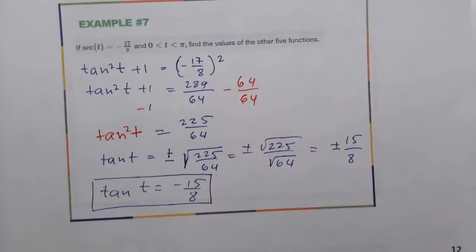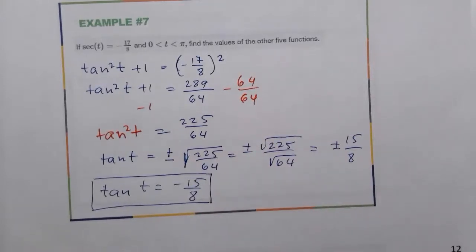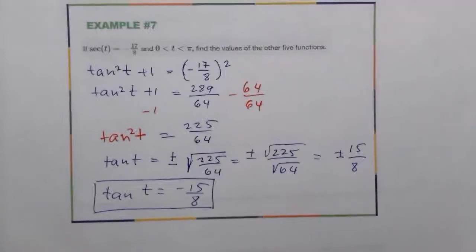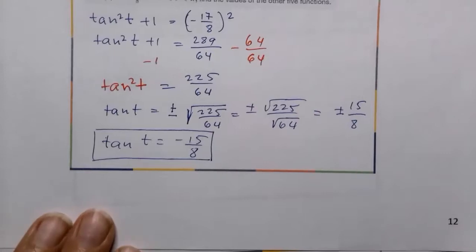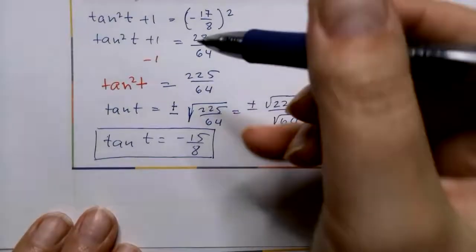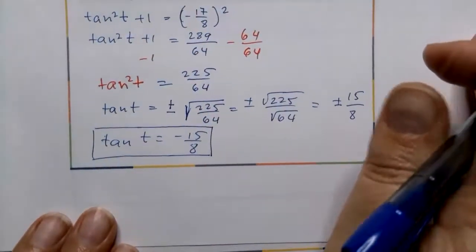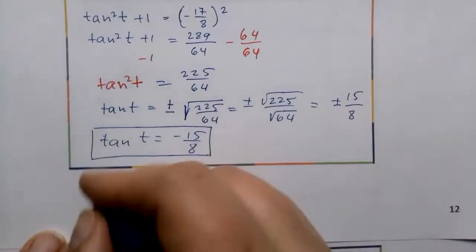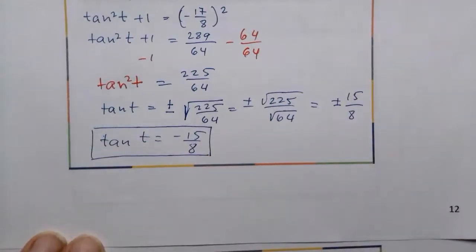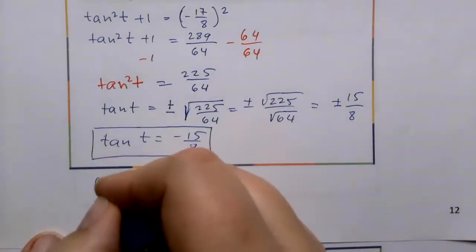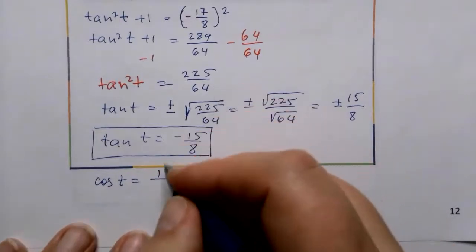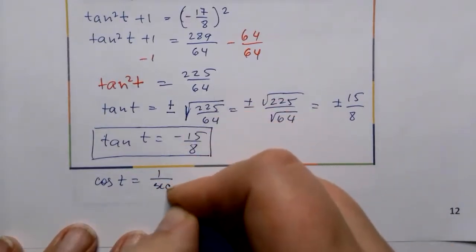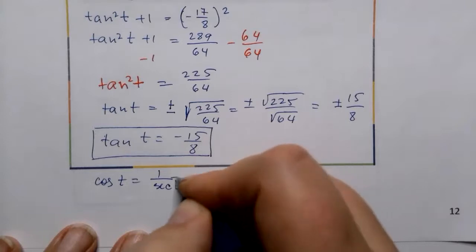All right. In order to proceed, I still have to find my sine and cosine. So I'm going to use the secant. Recall that cosine t is 1 over secant t.